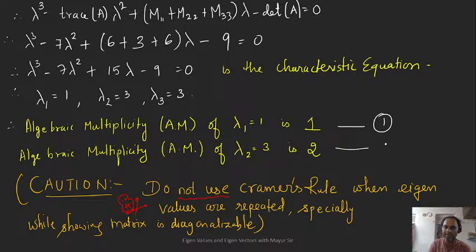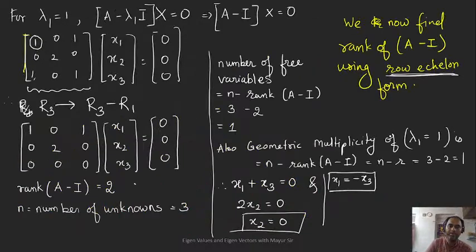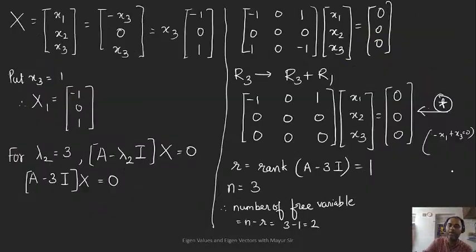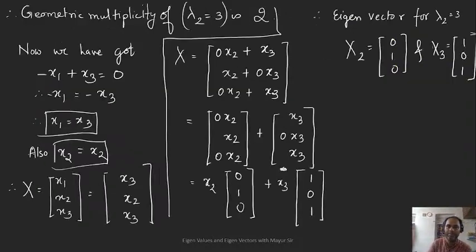This is number 2. Geometric multiplicity was 1, label this as number 3. Here we found geometric multiplicity of lambda 2 is 2, label this as 4.